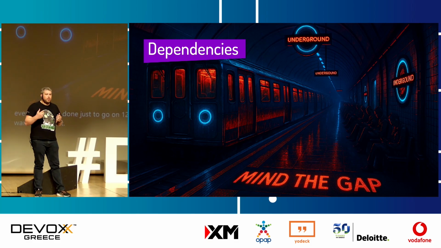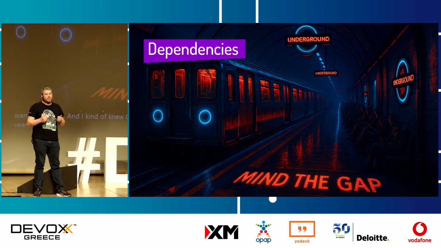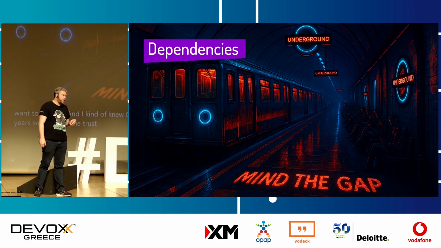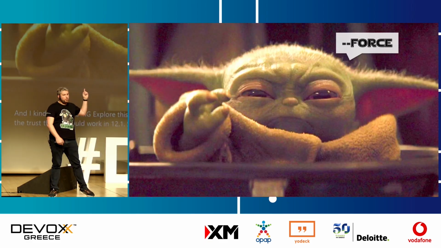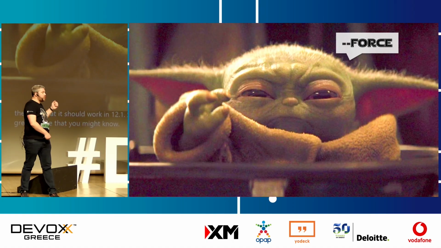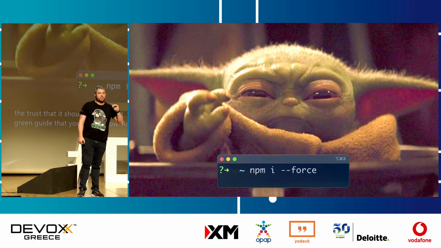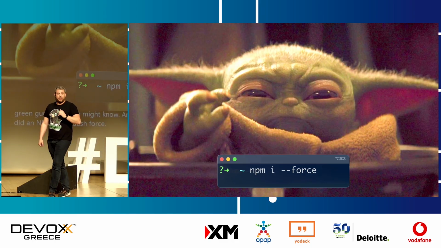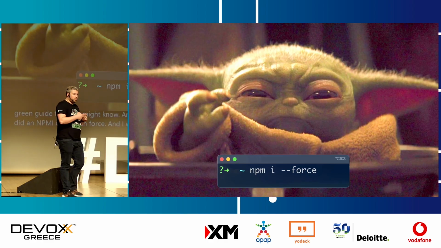I was like, I really don't want to do that. And I kind of know how NGX Translate works, and I used it for years, so I trust that it should work in 12.1. So I followed the wise word of a little green guide that you might know, and I used the --force. So basically, I did an npm i --force. And I would say, please don't do that. I did it for one reason. I knew the dependency quite well.